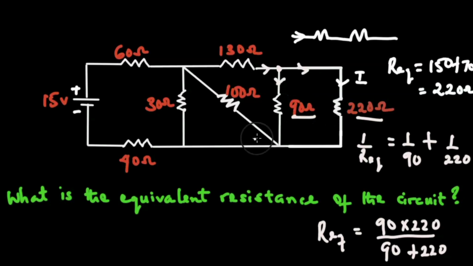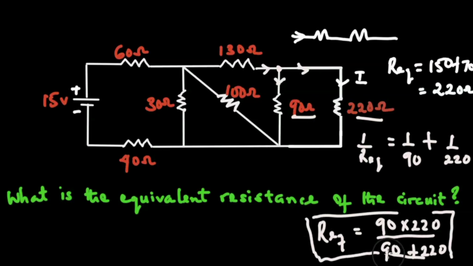But when I have three resistors in parallel, this method is not allowed. When we solve this, 90 times 220 divided by 90 plus 220, we're going to get our equivalent resistance to be equal to 63.870. So let's redraw our circuit with one resistor of 63.87 ohms.